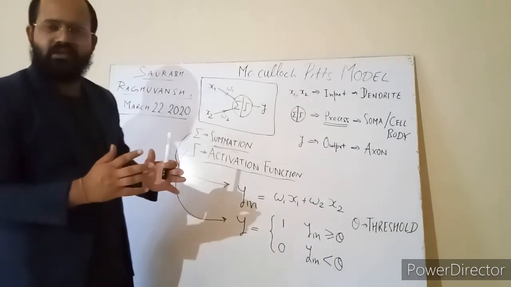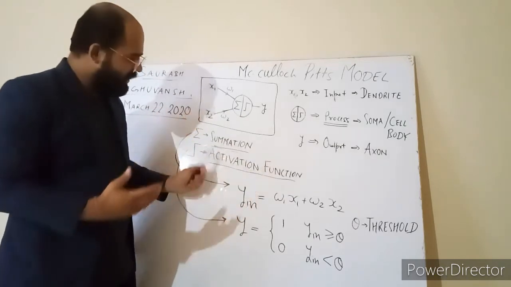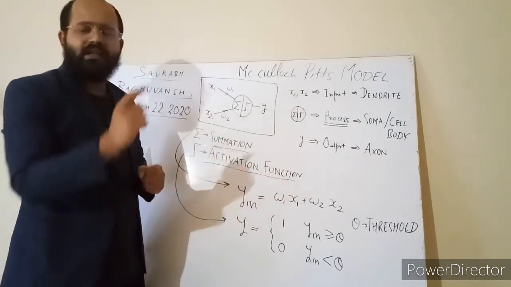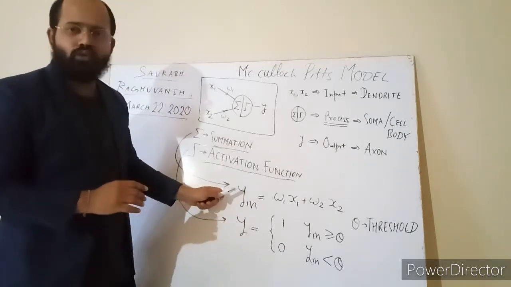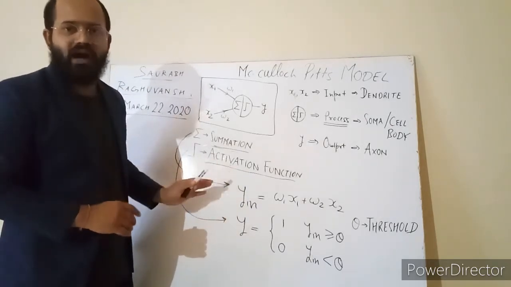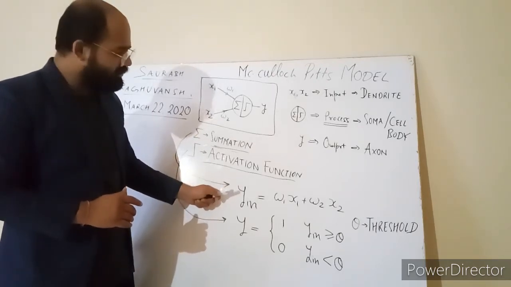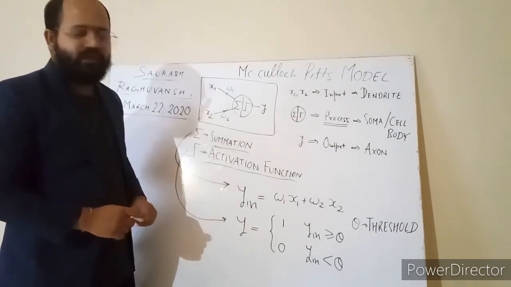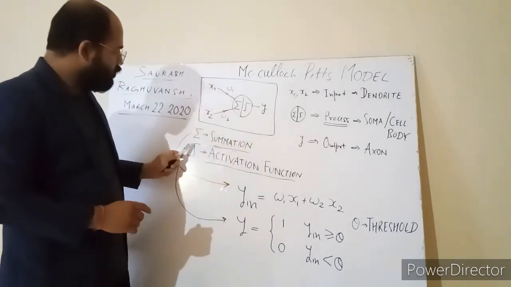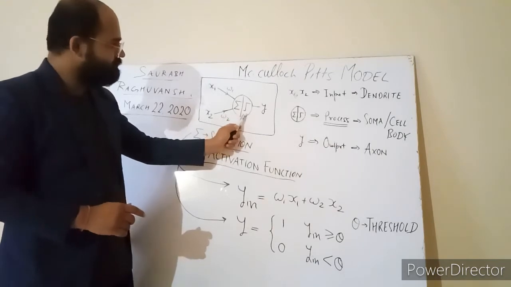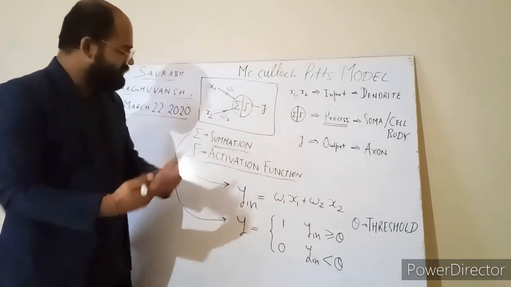Are you clear with this? Firstly, we take the inputs, multiply them, and get an intermediate variable, y in. This is not the final output, I insist. The final output is what we get when we give y in as the input to the activation function.